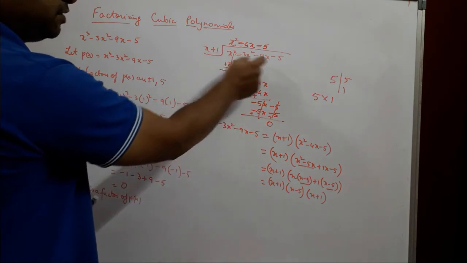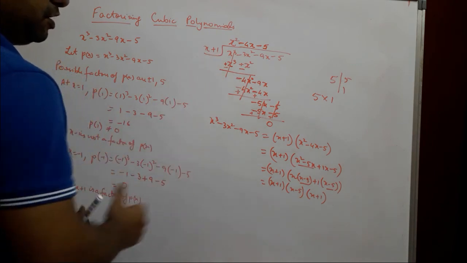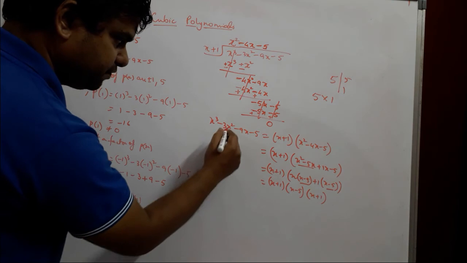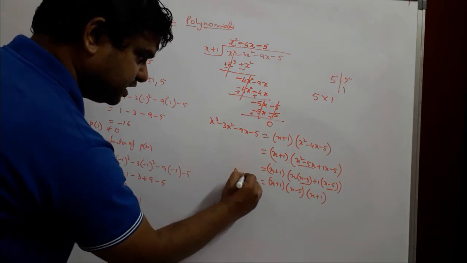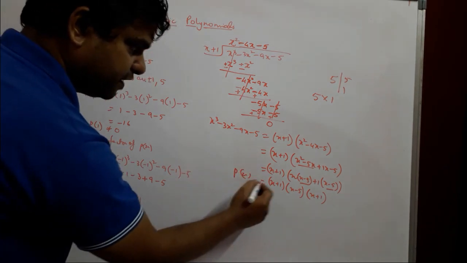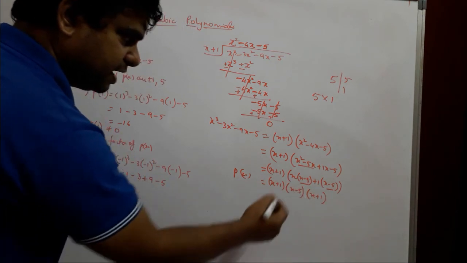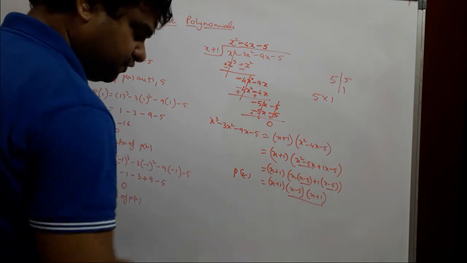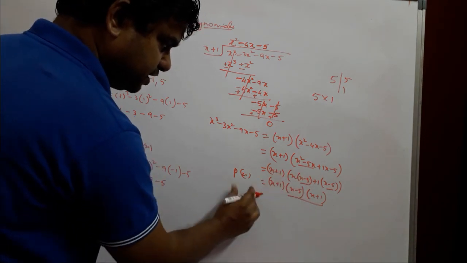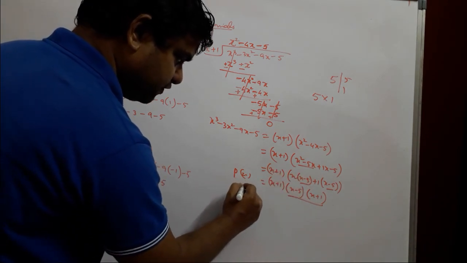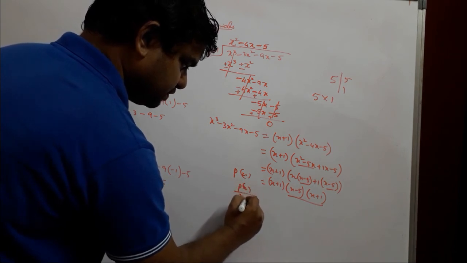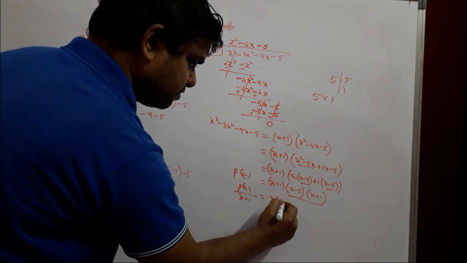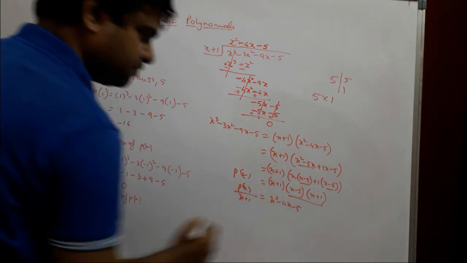Hence we can carry out the division between the polynomial, because if you have a look over here, this is actually nothing but p of x. Okay, p of x is equal to this, and this entire thing is nothing but this. So if I bring this x plus 1 down as a division, I will get x square minus 4x minus 5.